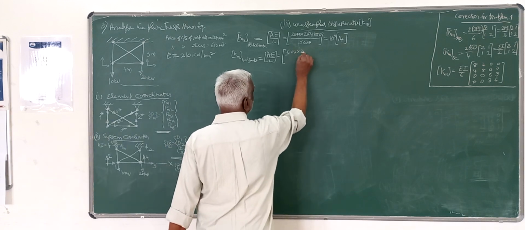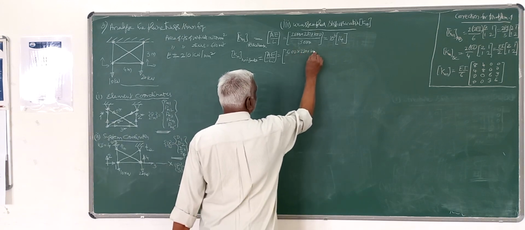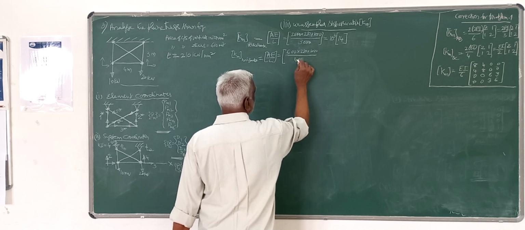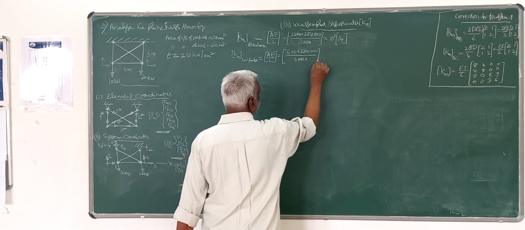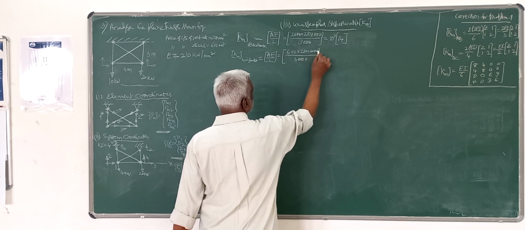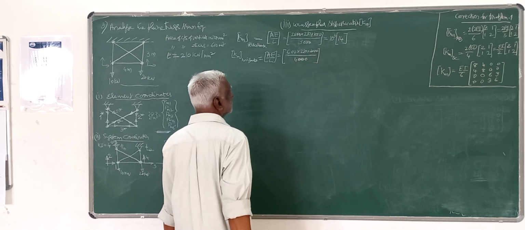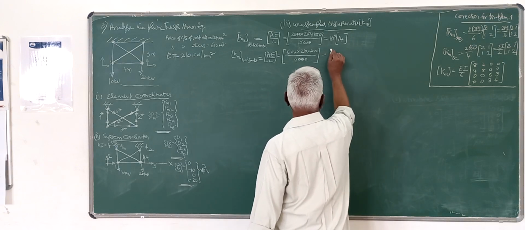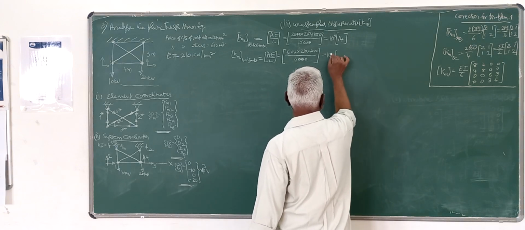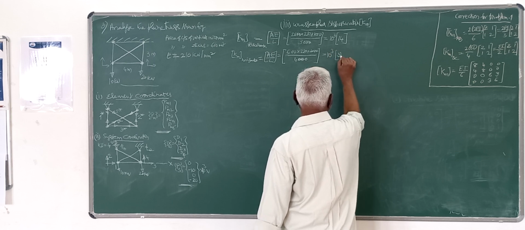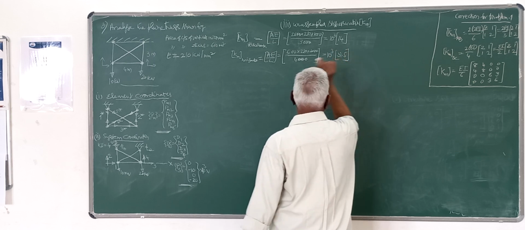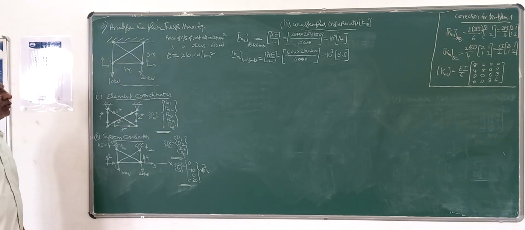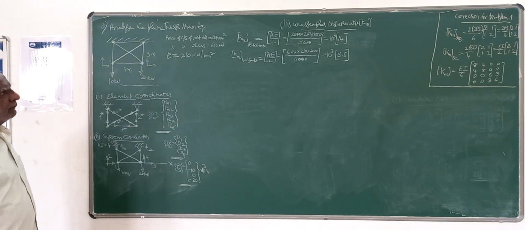E is 210 into 1000 divided by L. Length is 4 meters, it is 4,000 millimeters. So you will get 10 cube into 31.5. That is the stiffness of the horizontal member.